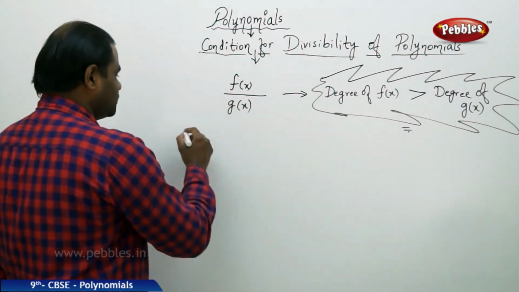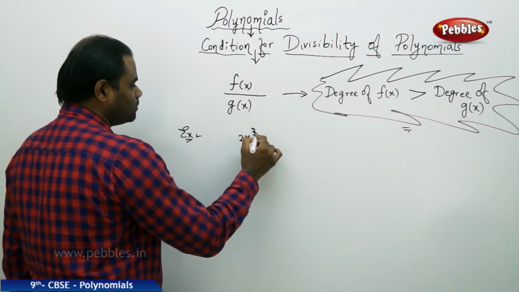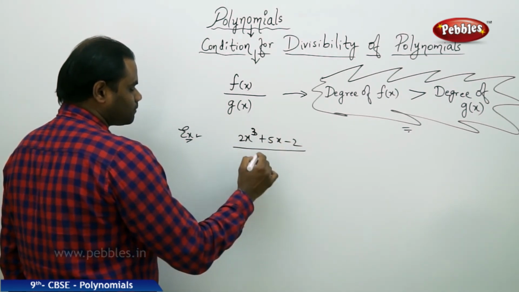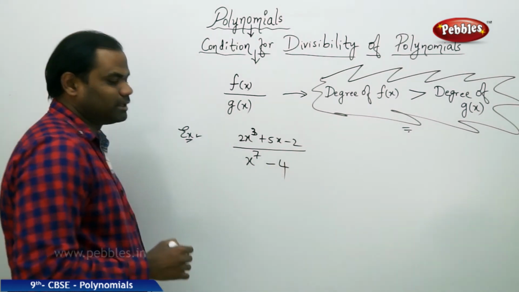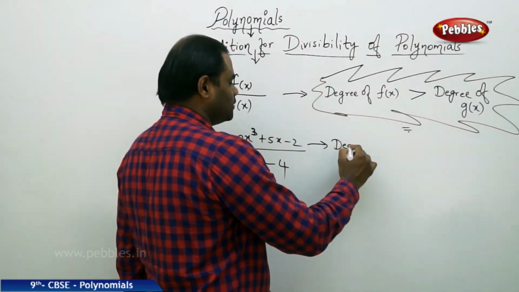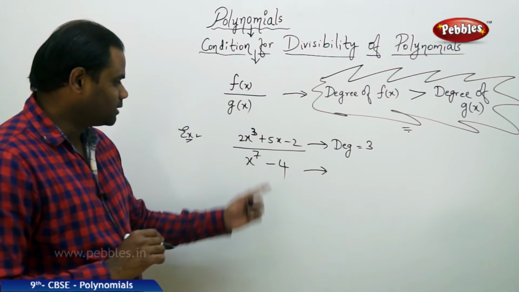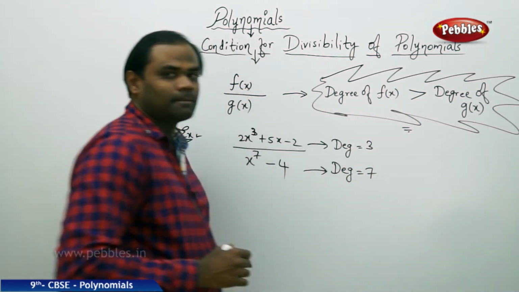For example, if I take the polynomial 2x cubed plus 5x minus 2 by x to the power 7 minus 4, then clearly I see that the degree of the polynomial in the numerator is 3 and the degree of the polynomial in the denominator is 7.